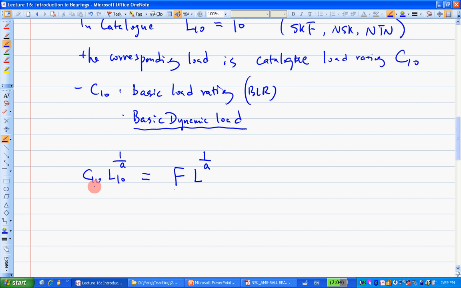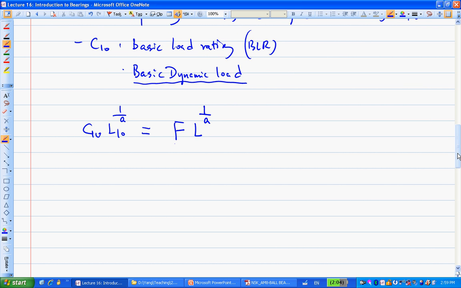Required meaning you go to the catalog and find a bearing such that the bearing's C10 is higher than your calculated C10. That bearing will satisfy the requirement. We'll look at the details later, but this is the fundamental equation. Essentially everything is derived from here.